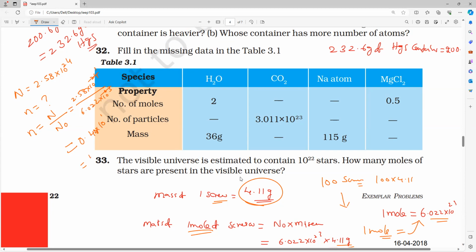So what is the answer? 4.28 moles. That is the answer. The number of moles is equal to 4.28 moles.